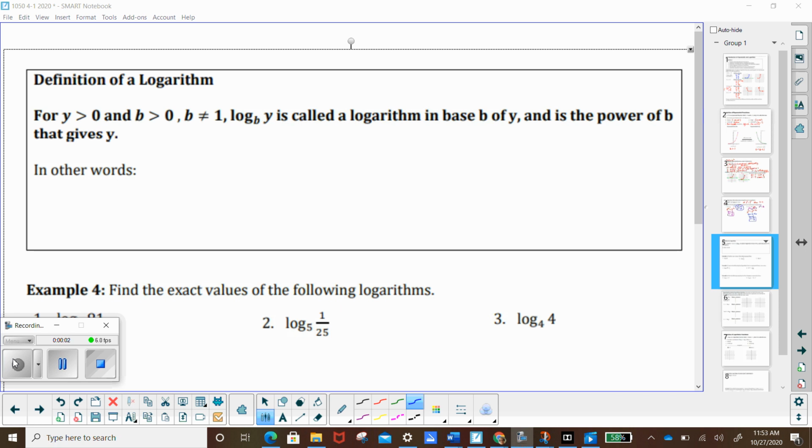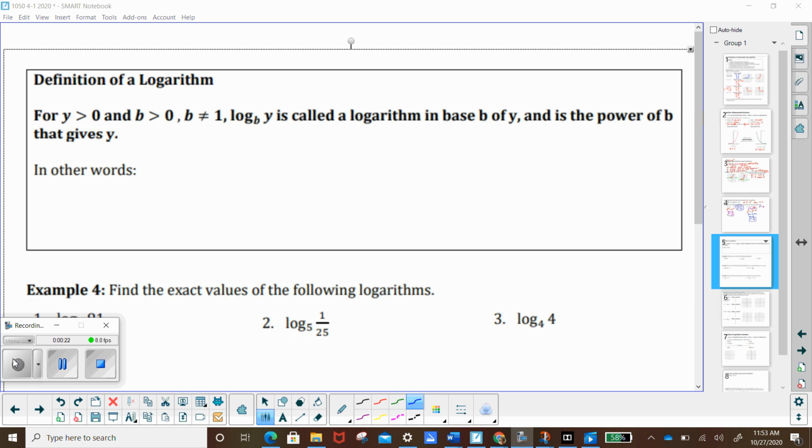Definition of a logarithm. For y greater than 0 and b greater than 0, and b not equal to 1, log base b of y is called a logarithm in base b of y, and is the power of b that gives y.